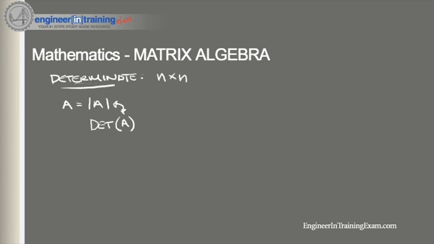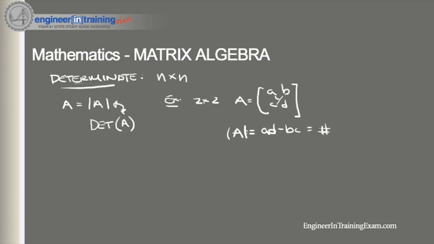So let's start finding the determinant of matrices. Like I said, they're unique real numbers associated with a square matrix. So let's look at the 2 by 2 matrix, say matrix A, that has the terms A, B, C, D. To find the determinant of this matrix, all we need to do is multiply A times D minus B times C. That will give us some number, and that will be considered the determinant of that 2 by 2 matrix.